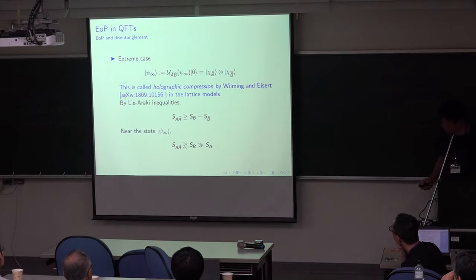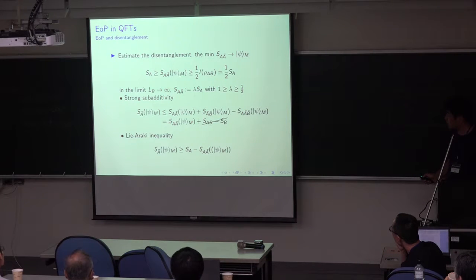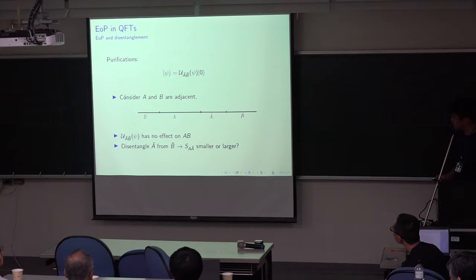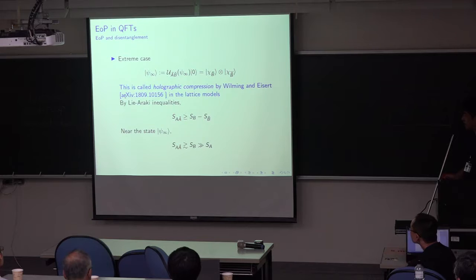But this will conflict with the inequality, the upper bound we just mentioned, that S of A2 is smaller than SA. If the disentanglement is a total disentanglement of A2 from its complementary parts, then we will get a very large S of A and A2.